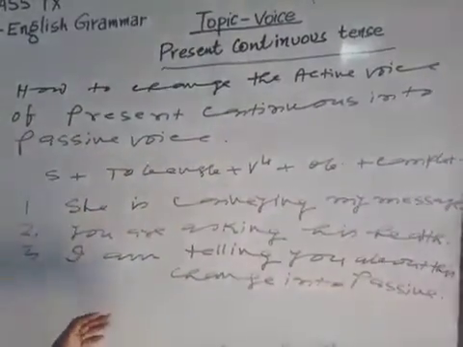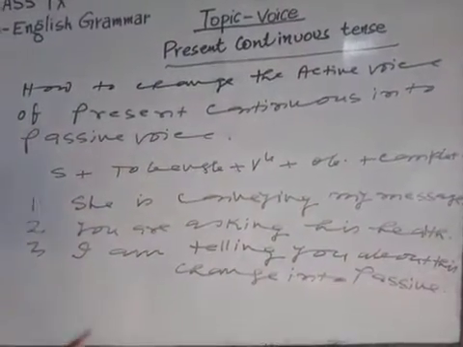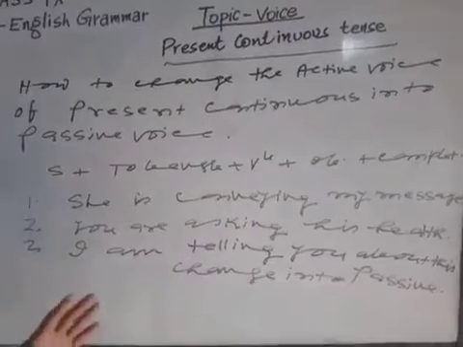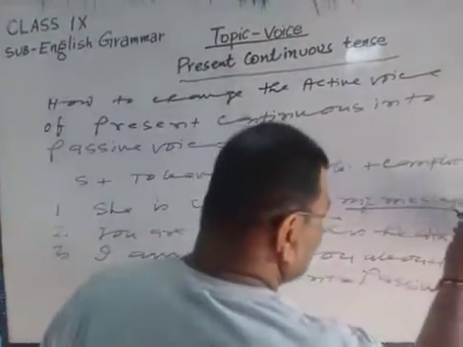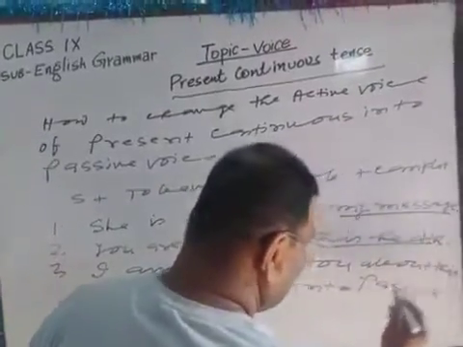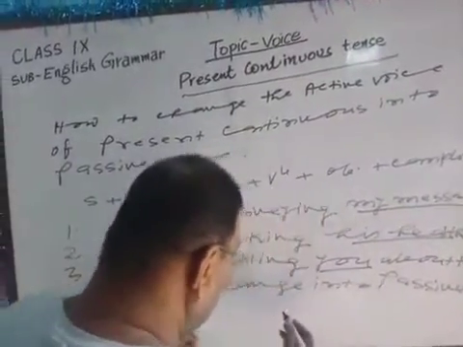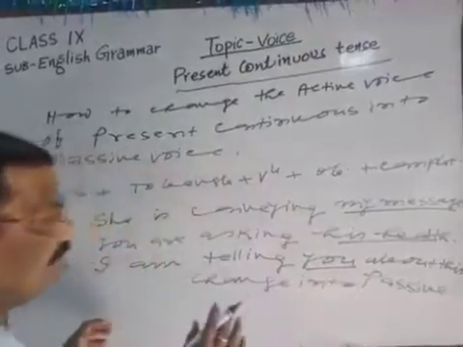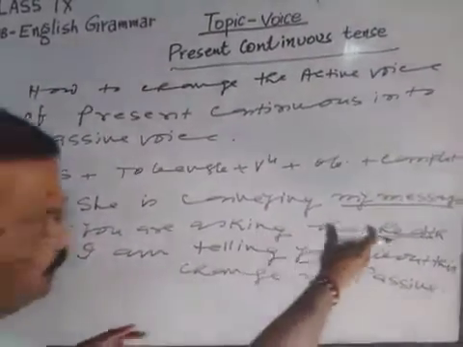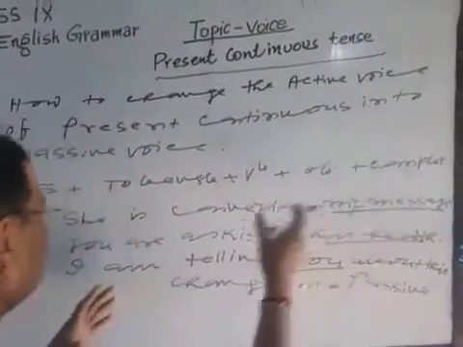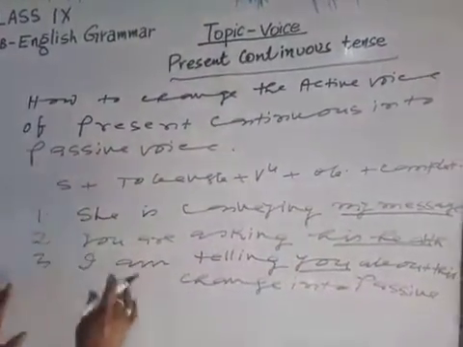First of all, it is very easy to find out the object of the active voice. Here, my message, his health, and you are the objects of the active voice. Now the object always comes in the place of subject.